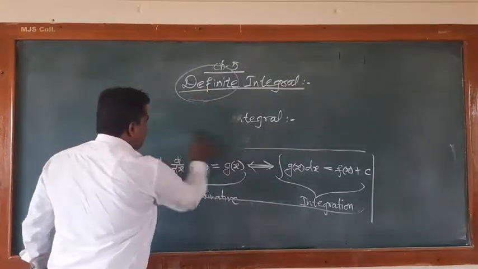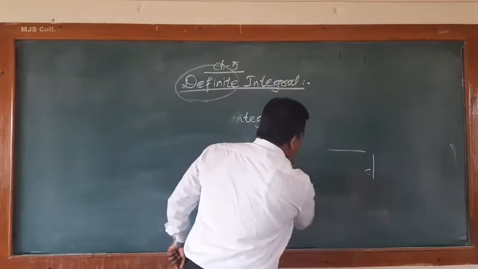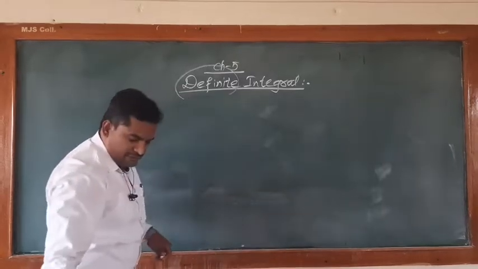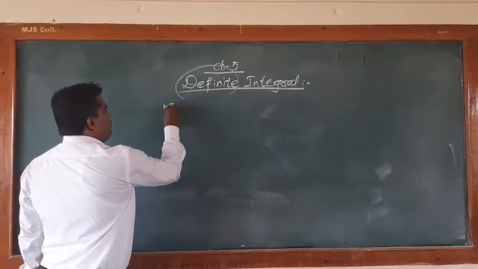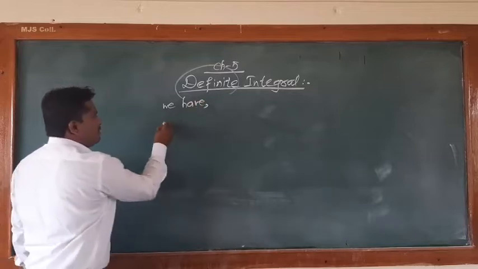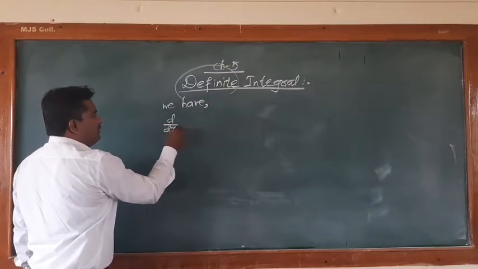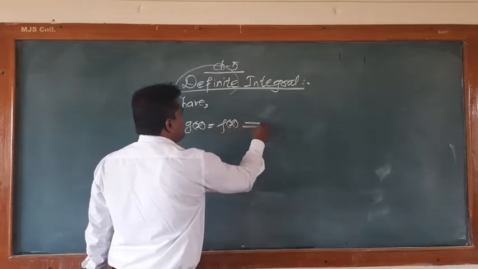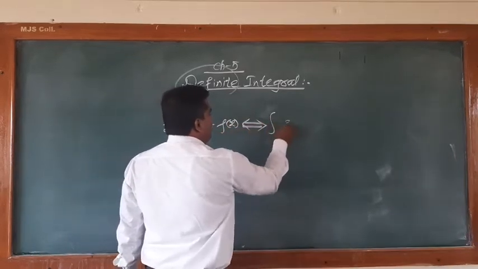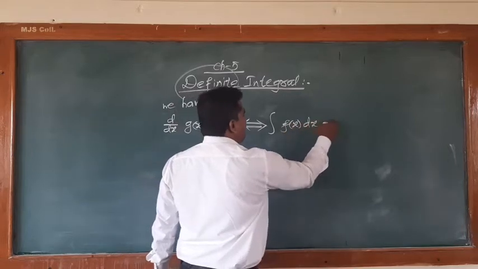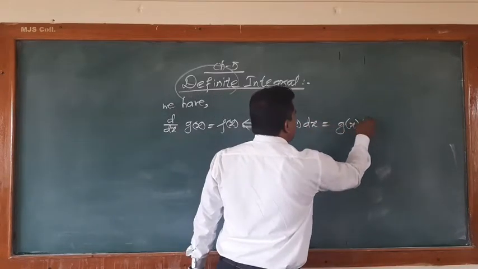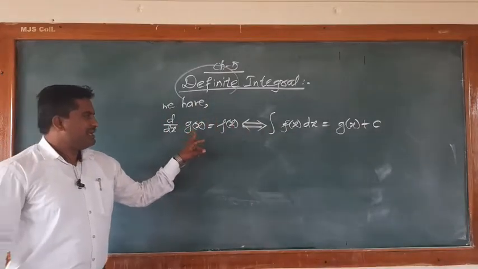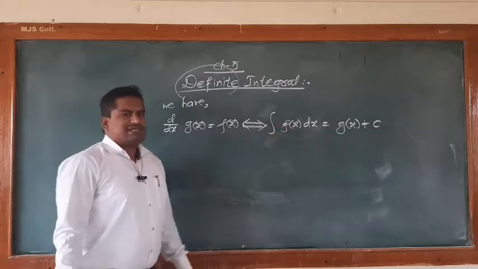Now, this definition is converted into definite integral. We have the derivative of g of x is equal to f of x. Therefore, the integration of f of x with respect to dx is equal to g of x plus c. It can be changed.